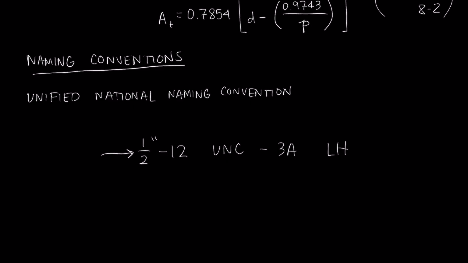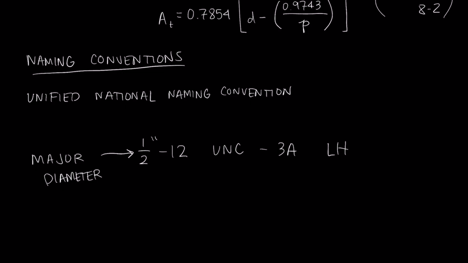So this first number, this 1/2 inch, this is the major diameter. So again, that's the diameter from the outermost portion of one thread on one side to the outermost portion of the thread on the other side. For the UNS naming system, if it is less than a 1/4 inch diameter, then you will number the diameters.